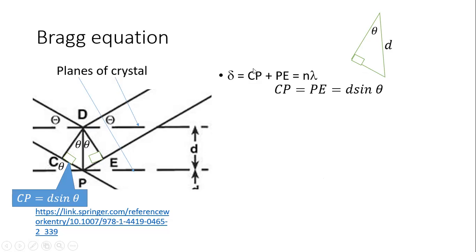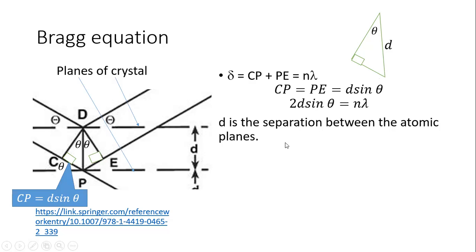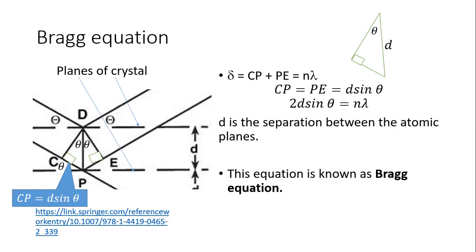That CP and PE are the same, so both of them are equal to d sine theta. So we add these two together, we get 2d sine theta equals n lambda. Here d is the separation between the atomic planes. This equation is known as Bragg's equation.